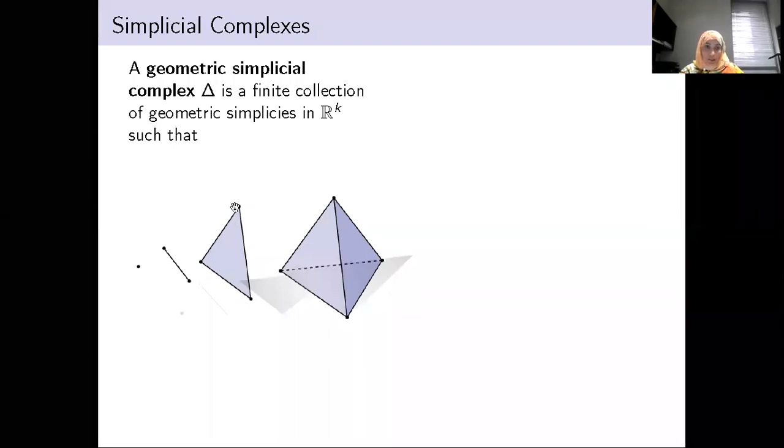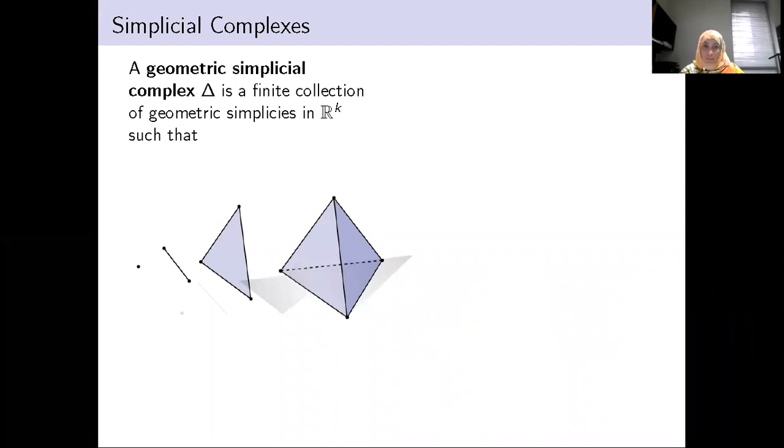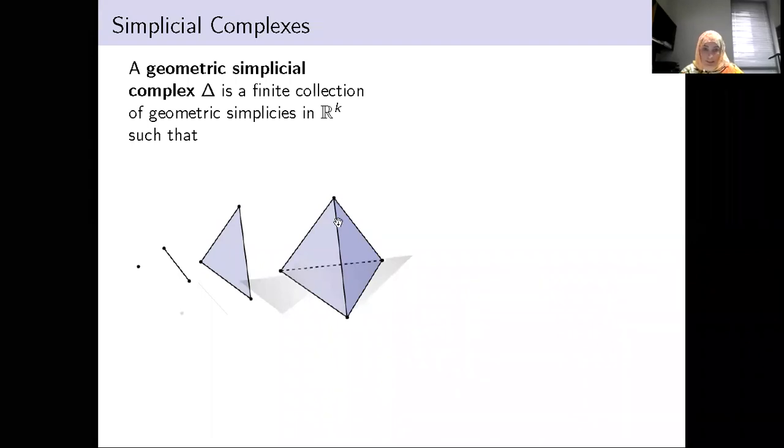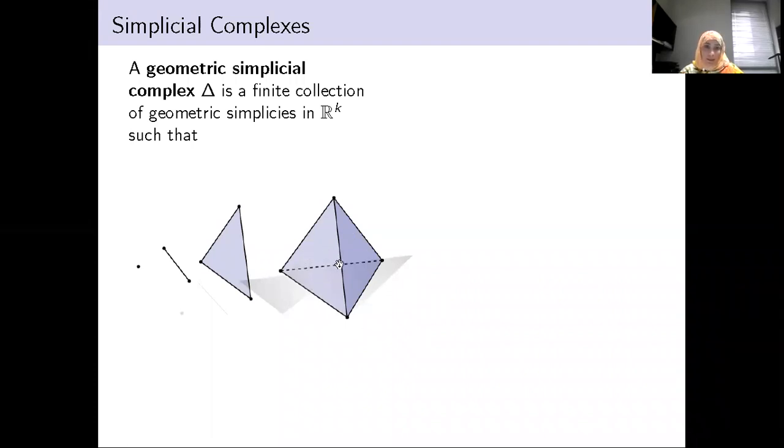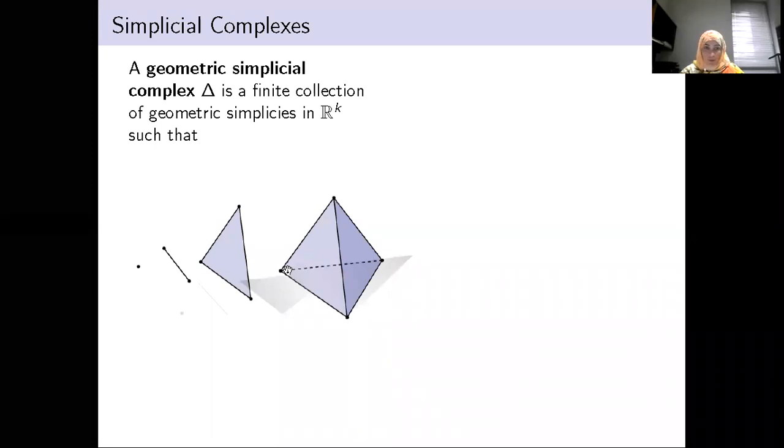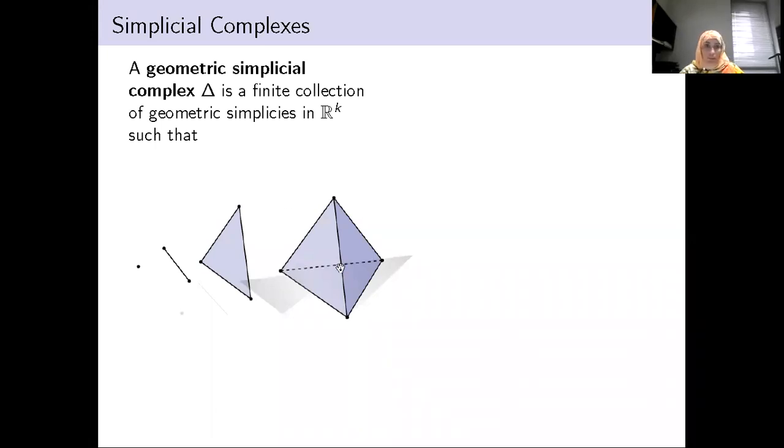If you consider some simplex which is a subset of this bigger simplex, of dimension less than or equal to that one, that is called a face. For example, in this tetrahedron, this triangle is a face. These edges are faces, and these vertices are faces of this simplex.